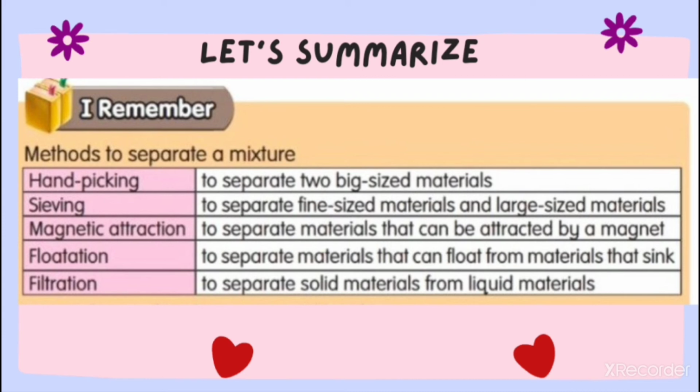Magnetic attraction to separate materials that can be attracted by a magnet. Flotation, apung, to separate materials that can float from materials that sink, tenggelam. Filtration to separate solid materials from liquid materials.